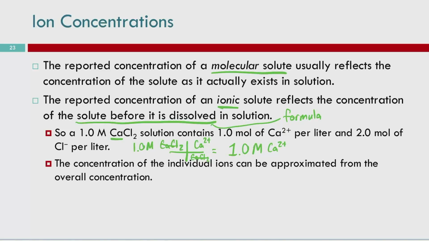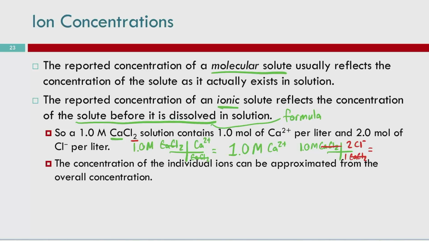However, look at our chloride. We have 2 chlorides. So every 1 calcium chloride is going to produce 2 chlorides. So if we do the same little bit of stoichiometry, 1.0 molar CaCl2, that subscript of 2 lets us know we're going to produce 2 Cl minuses per every 1 CaCl2 calcium chloride.